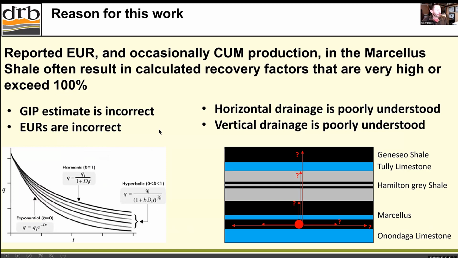There are a number of issues we could look at to explain that. One is that the gas in place estimates from this volumetric model are wrong. They're underestimating the gas in place, and there's actually more in there. If we had that correct, our recovery factors would fall more in line with something we're comfortable with. I would also argue it's entirely possible that the EURs are incorrect.